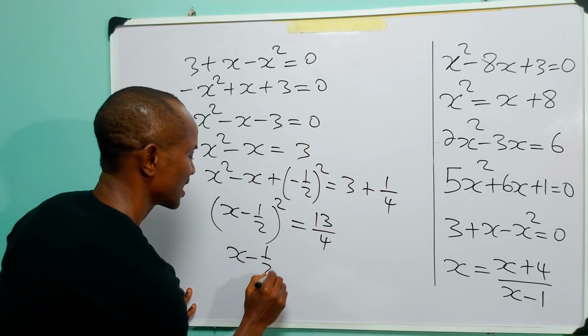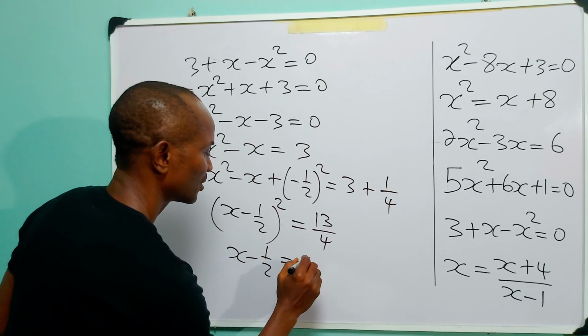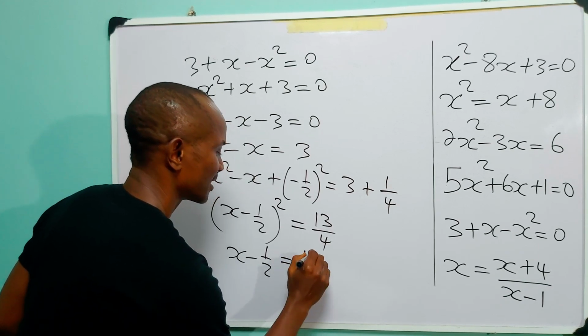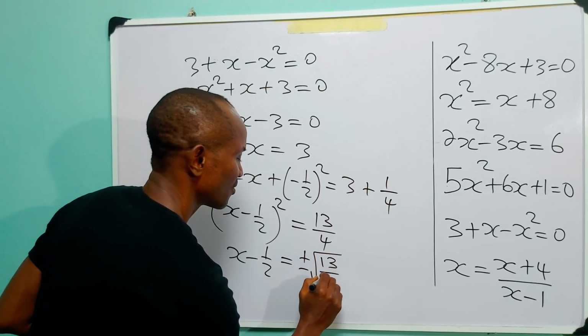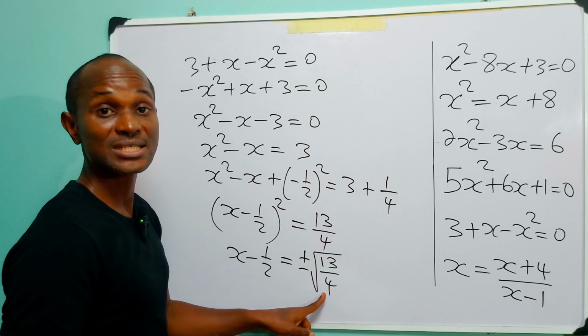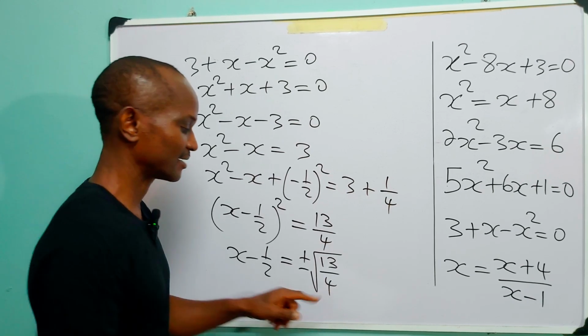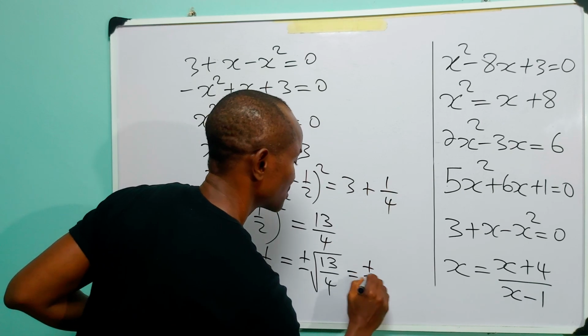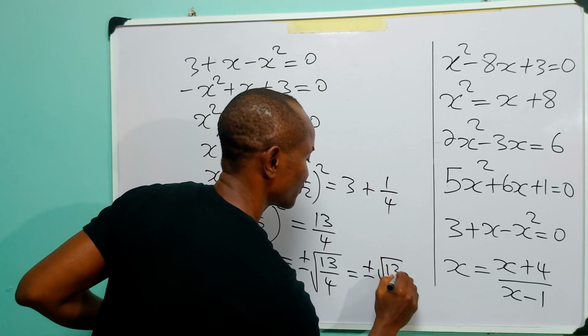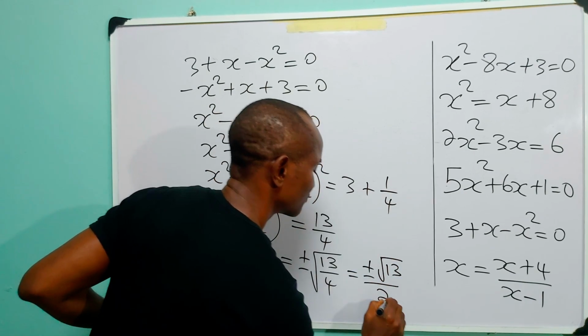We have that x minus half is equal to plus or minus the square root of 13 over 4. Once more, this is a perfect square. So we can bring it out from under the square root sign to give us that this is equal to plus or minus square root of 13 divided by 2.